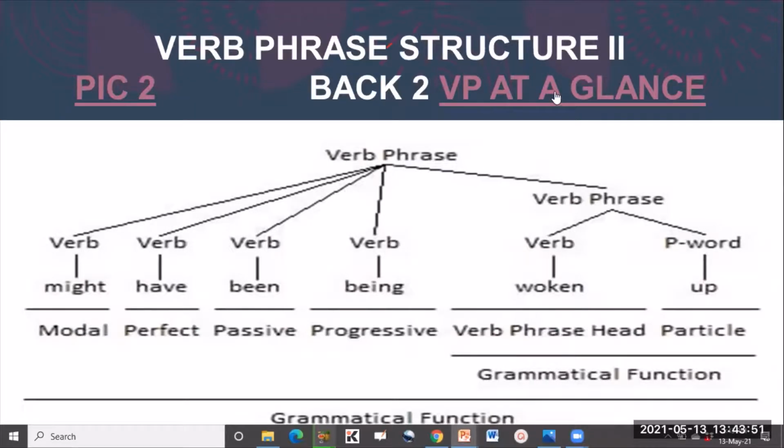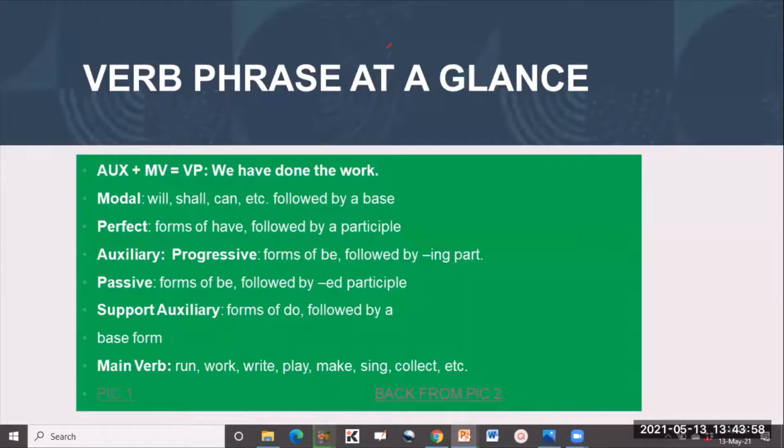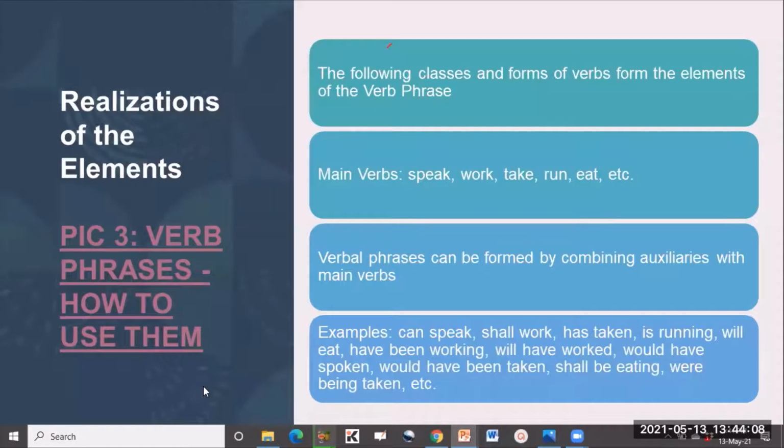Now let's go back to the verb phrase at a glance. Of course, we have looked at this quite critically, and so we now need to look at the realizations of the elements.